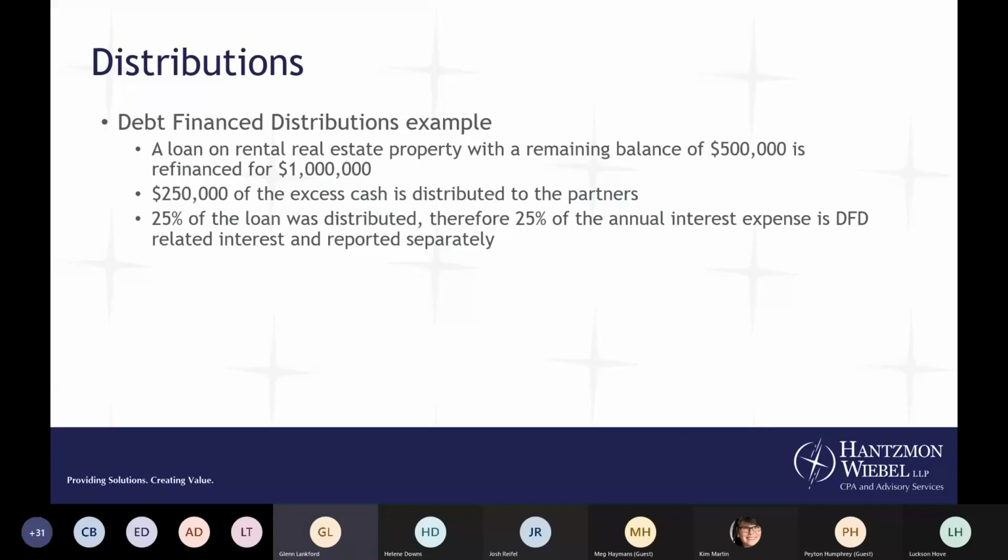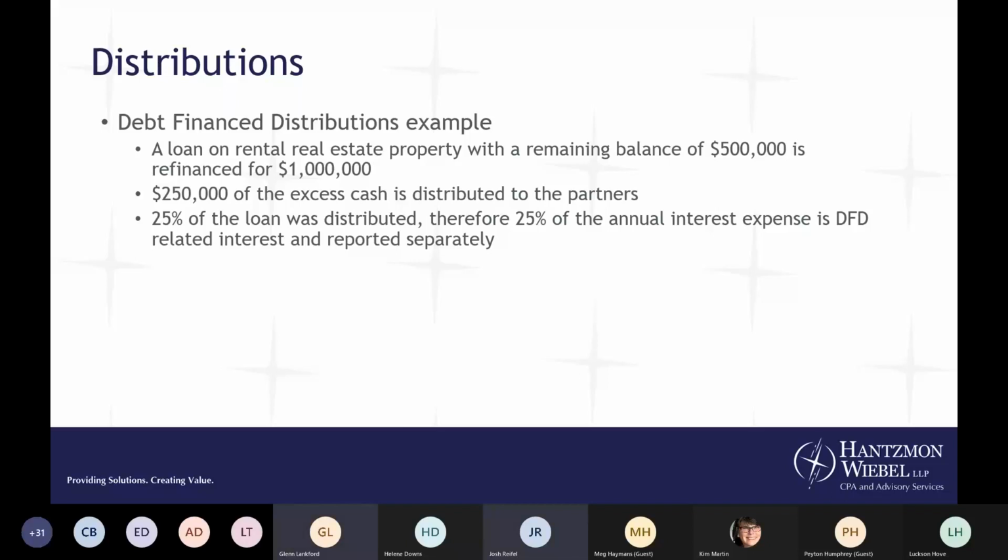In future years, a portion of the interest on the debt would still be considered debt finance interest, but there are some special rules you can use to reduce the amount that's debt finance interest more quickly than saying that's 25% of the interest for the life of the loan. You can, for example, treat expenses paid in a subsequent year as having been paid with a portion of the proceeds of the loan, and therefore reduce the amount that was treated as being distributed to the partners.